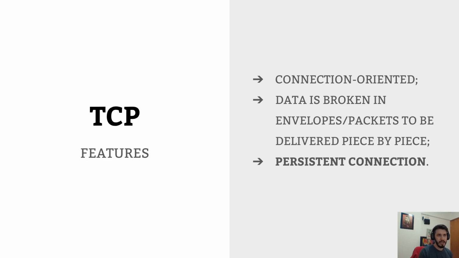The TCP connection is persistent, which is interesting because HTTP says it's stateless, so it doesn't keep state around. But the persistent connection, HTTP is on top, it's layer 7, and it's on top of TCP, at least versions 1 and 2 that we know.